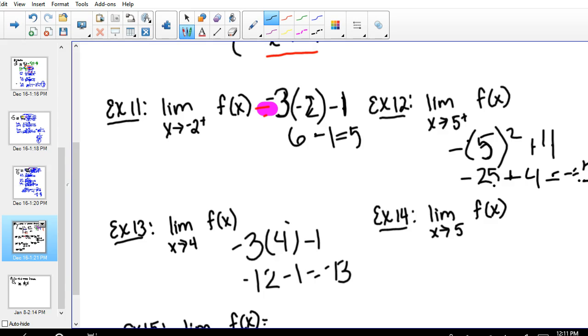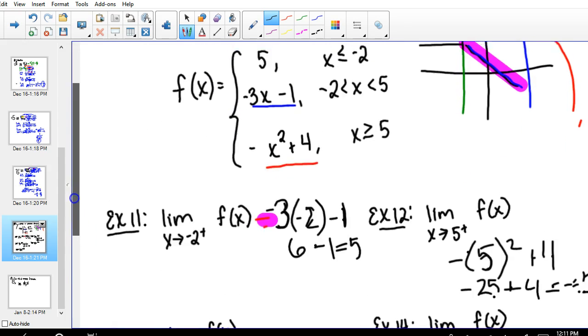For 5, this is from both sides, so you already know the limit from the right is that negative 21. So from the left, you would need to plug it into the negative 3x minus 1.